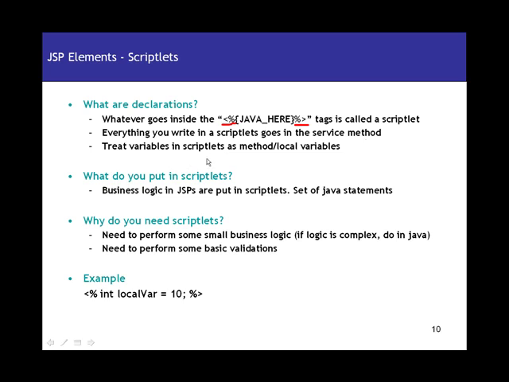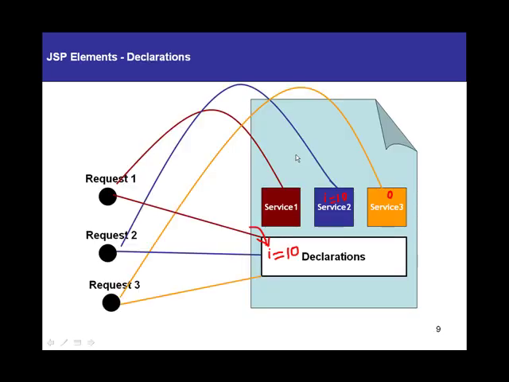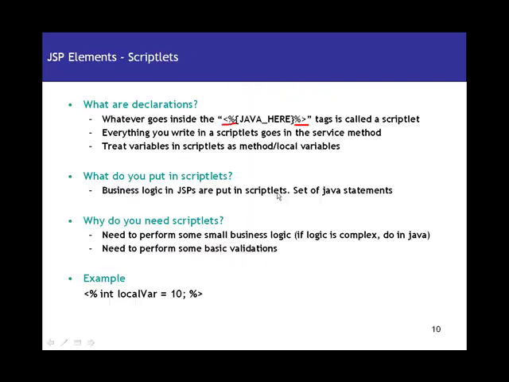So treat variables in scriptlets as method or local variables. So if I define any variable in scriptlets, it would have gone here in the service, right? So when I defined I is equal to 10 for request 2, its scope would only be for this particular thread, and it will not be visible for this request, right? So treat them as method level local variables.